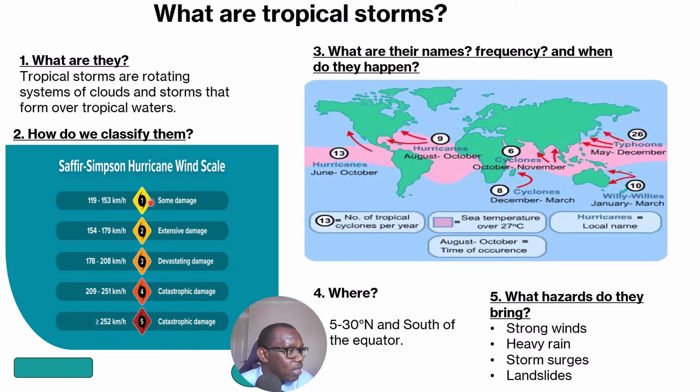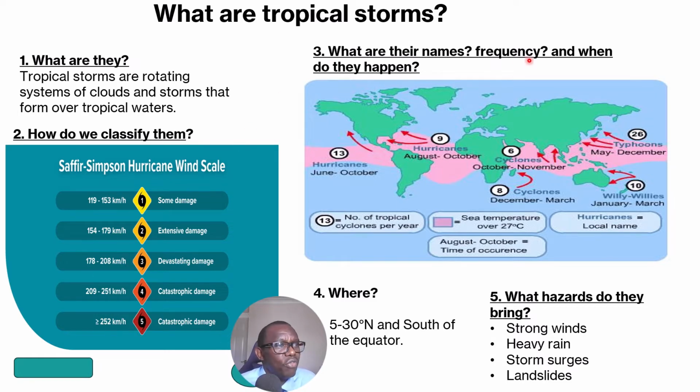The first category, as you can see, is between 119 to 153 kilometers an hour, where you have some damage. Then the next category, extensive damage, devastating damage at the third category, and then the fourth and fifth categories have catastrophic damage. As you can see, the wind speeds increase as you go up the scale.